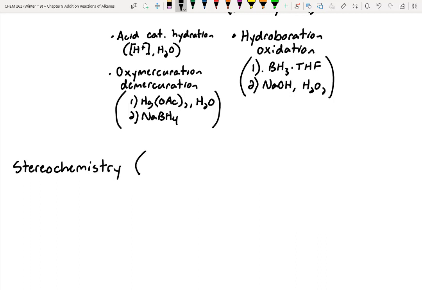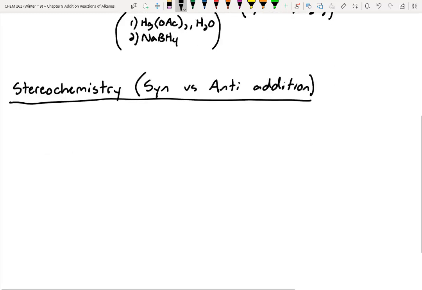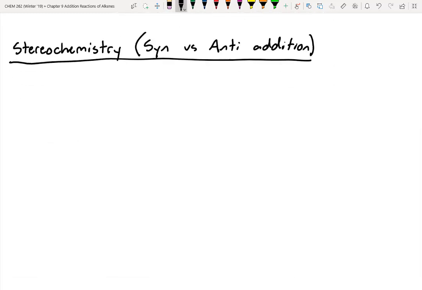And by stereochemistry, I mean syn versus anti-addition. And let's compare the two. So let's say I have this starting alkene, and I'm going to do addition of X. I'll make X blue and Y as the red component.